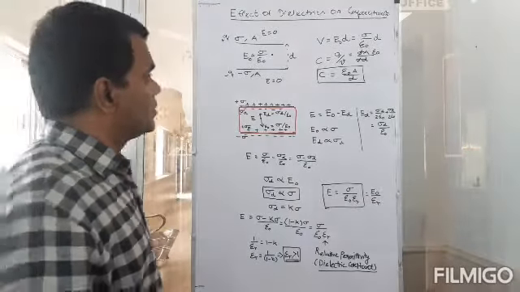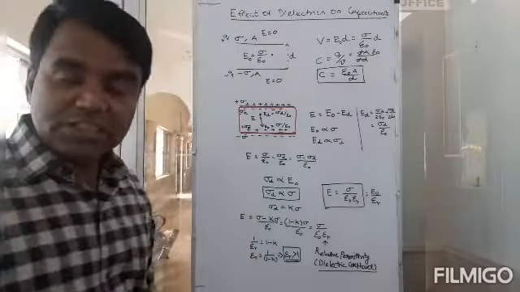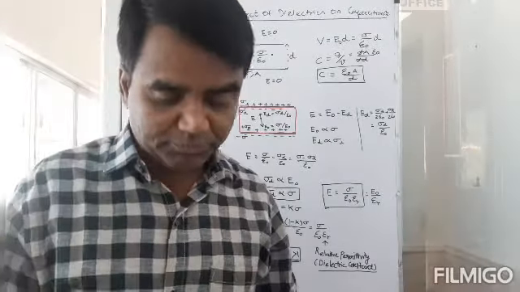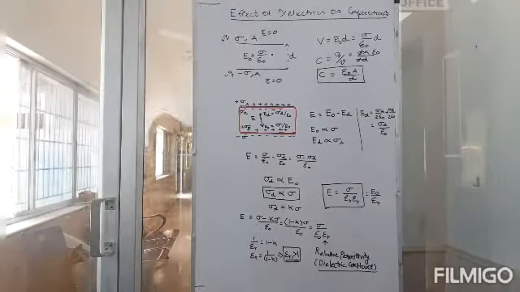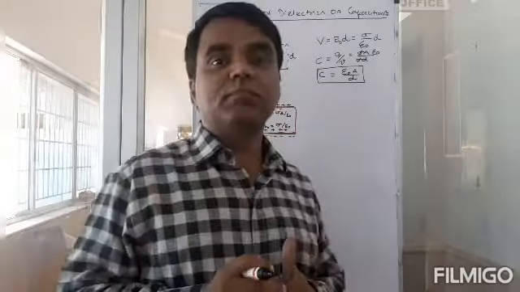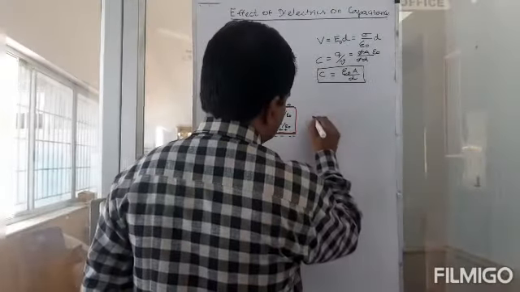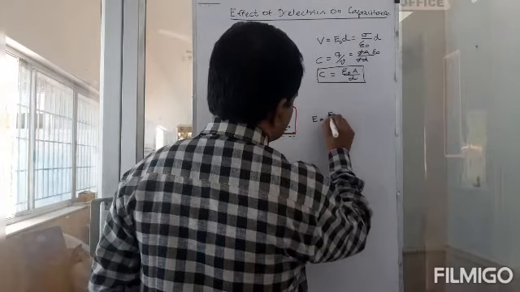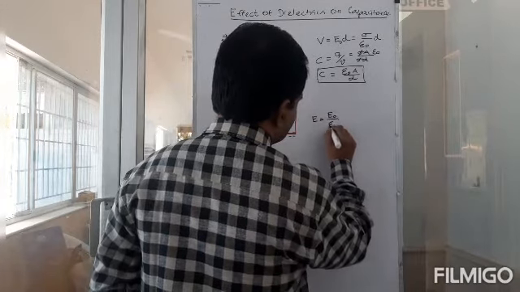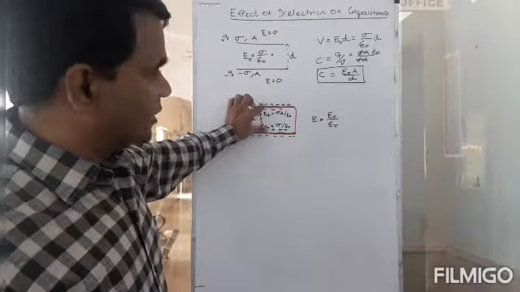Once we understand this, we will go ahead and do the rest of the derivation. So we said E is equal to E naught by epsilon R. That's the field between the two plates of the conductor.